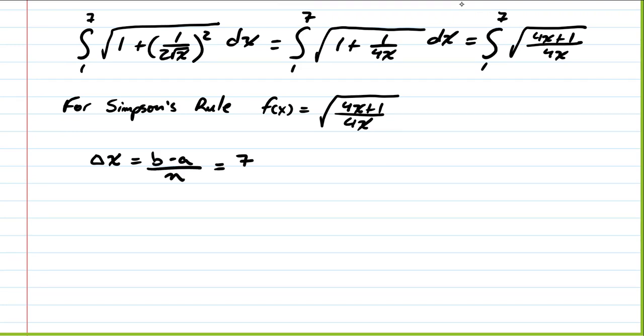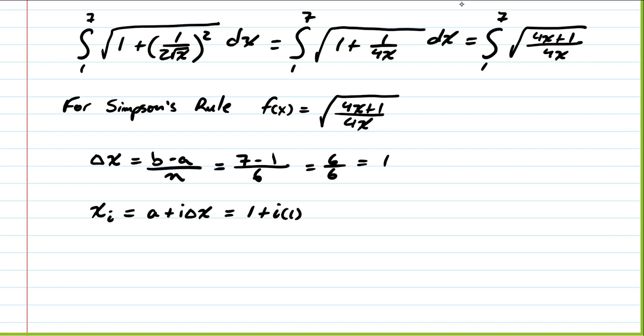So our b is 7, our a is 1, and our n is 6. So that's 6 over 6, which gives us 1. Our x sub i is going to be a plus i times delta x. So that's 1 plus i times 1, so just i plus 1.